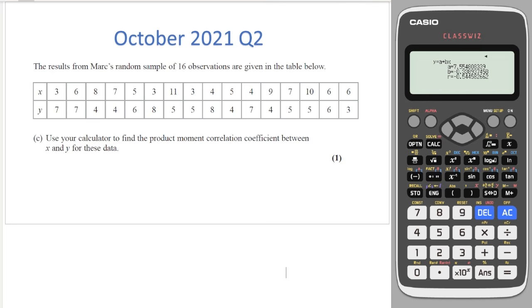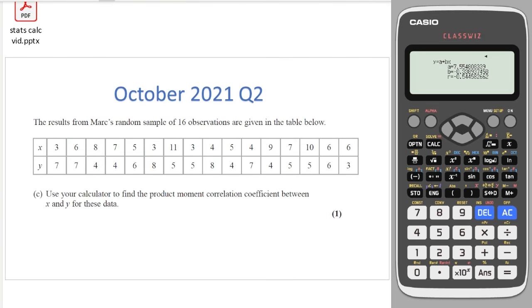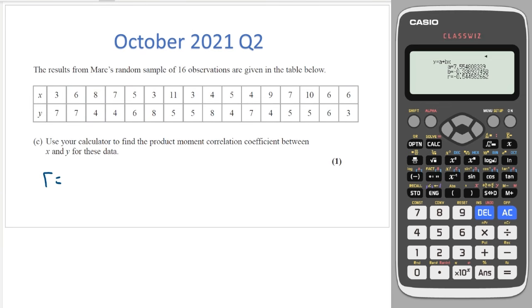So I can write that out as r is equal to minus 0.5446, let's say.